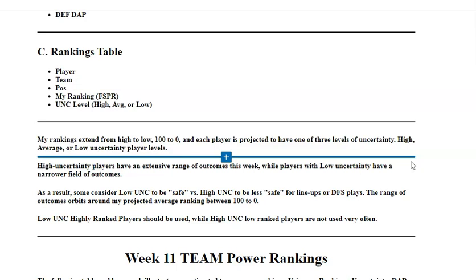If you think of rankings as a midpoint of the outcome distribution, then the narrowness or wideness of the outcomes is related to uncertainty, right? So a high ranked, low uncertainty player is more satisfying to me than a high ranked, high uncertainty player.